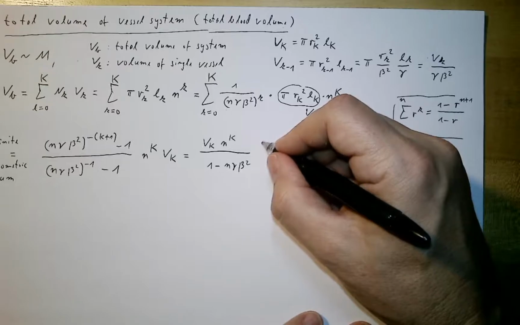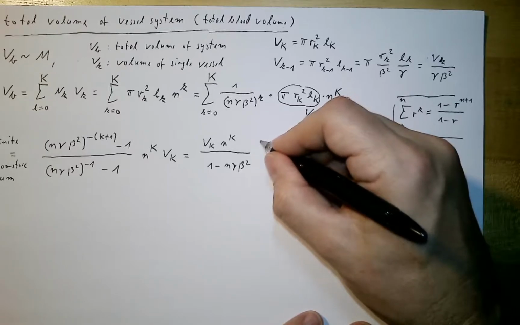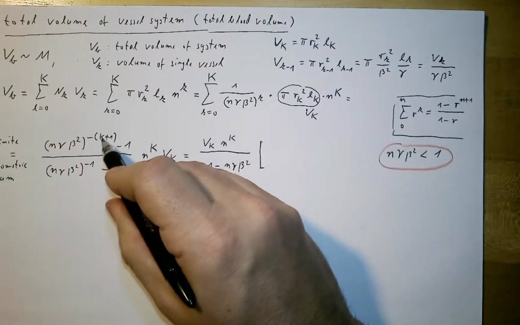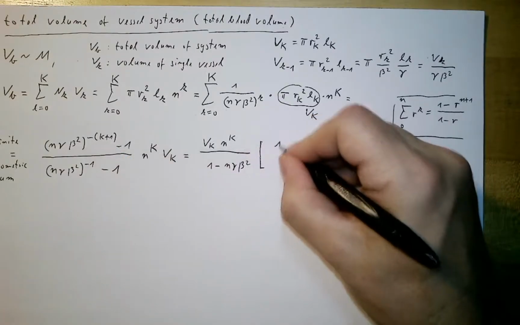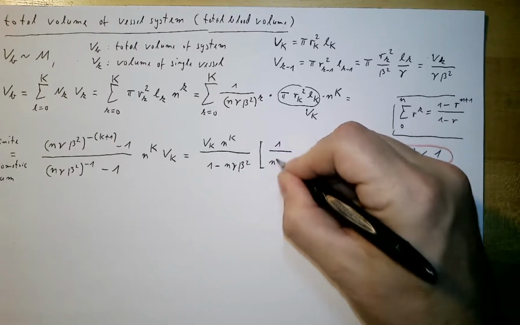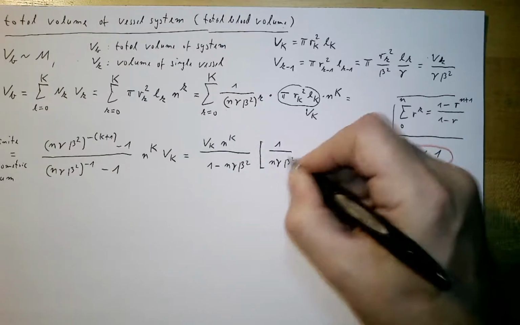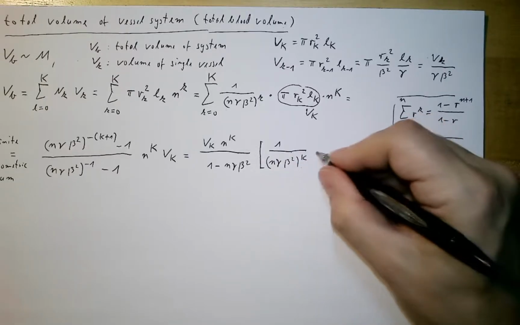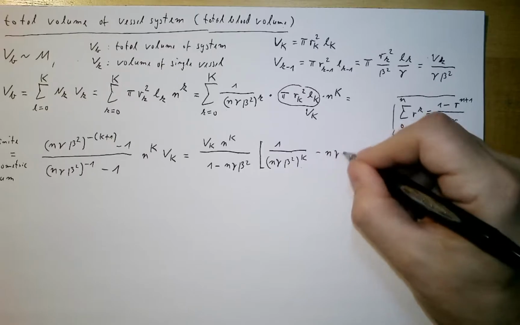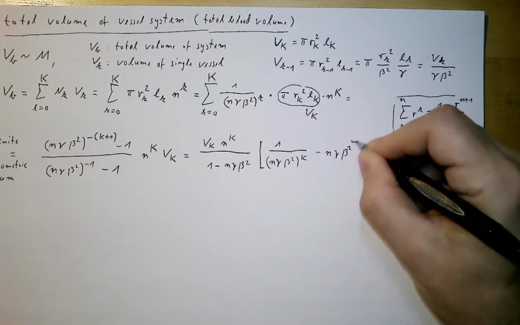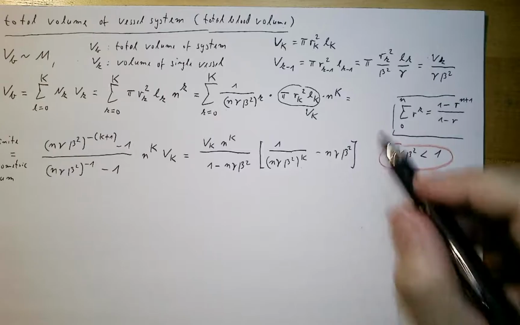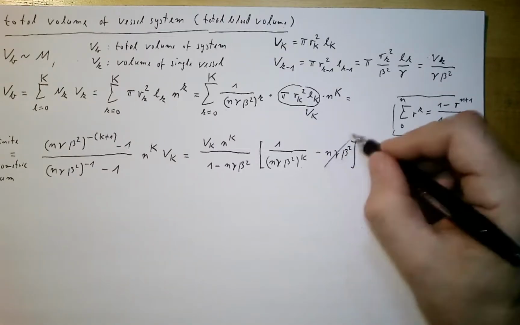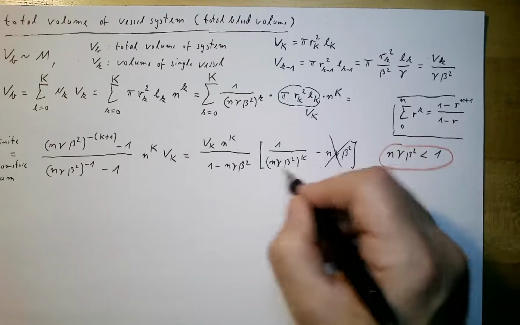Then we see what we have left here: only a factor k of this. We have 1 over n gamma beta squared to the power k, minus n gamma beta squared. And so this term we forget. Since this is small, we can forget it compared to this here.